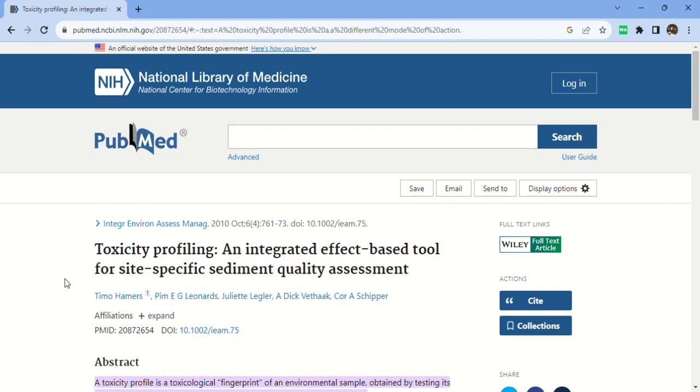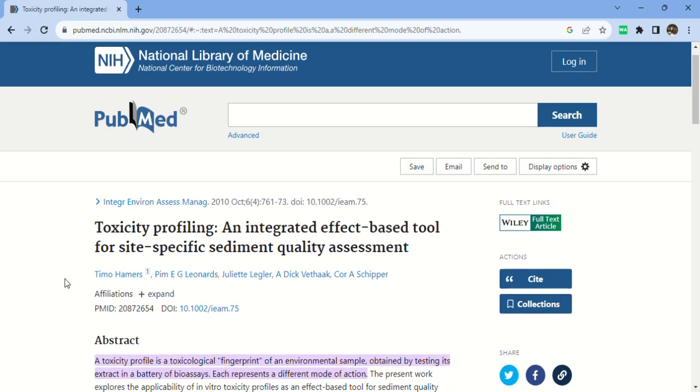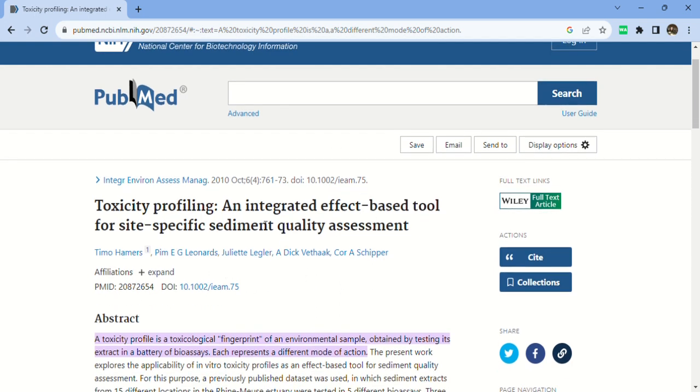In this paper, the scientists mention how the tool is helpful to do the site-specific sediment quality assessment. Quality assessment means that with the help of toxicity profiling, we can tell whether any compound is active or toxic. If toxic, which type of toxicity they produce.